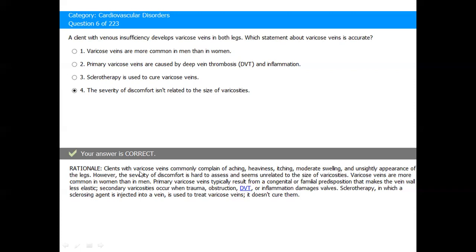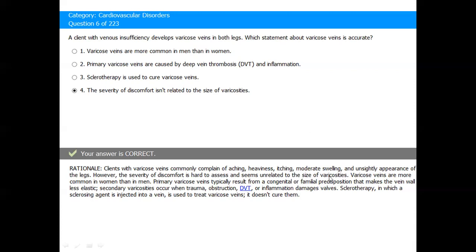The client with varicose veins commonly complains of itching or aching, heaviness, pruritus, moderate swelling, and also unsightly appearance of the leg. It does not look good. However, the severity of discomfort is hard to assess and seems unrelated to the size of varicosities.